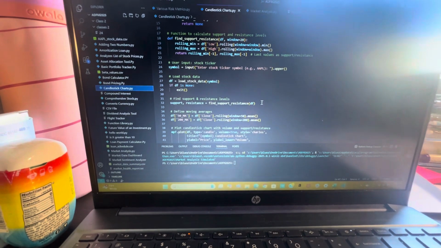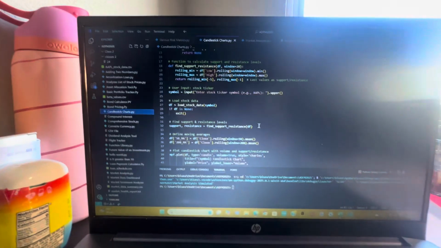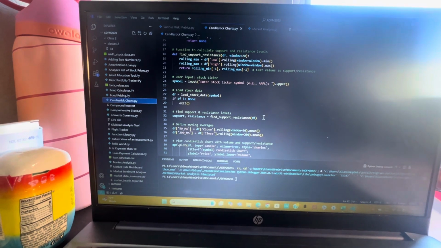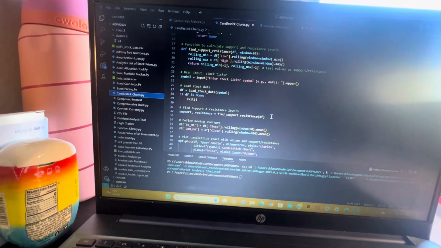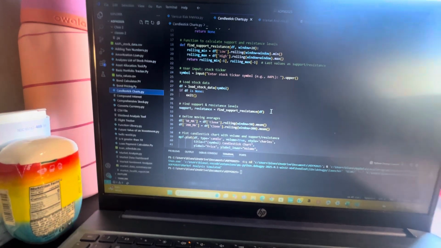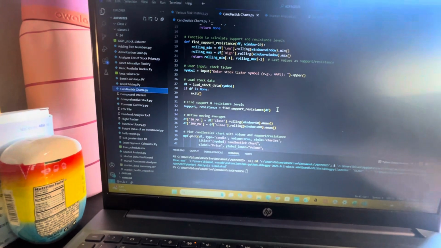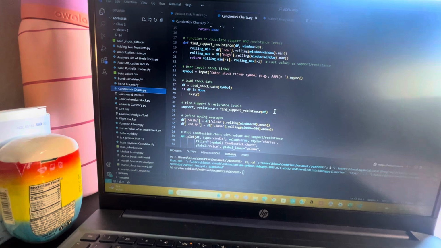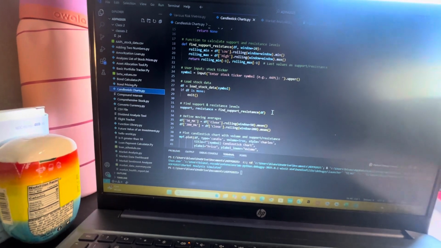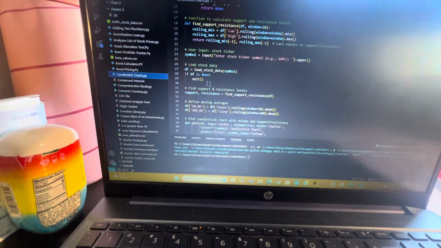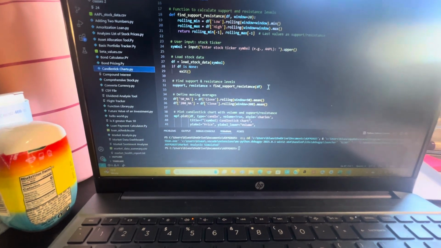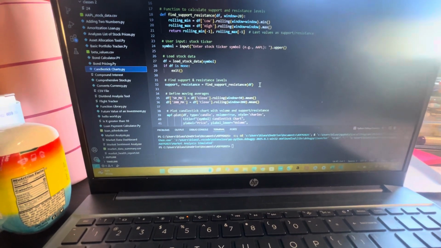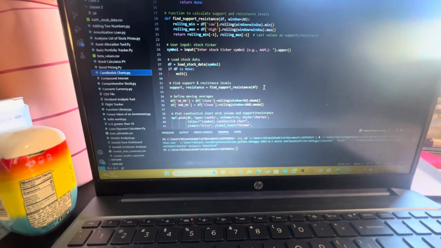And what these levels are: the resistance level is where the stock prices are struggling to rise above because of high selling pressure. Sorry, I mixed those up. And the support level is where the stock struggles to drop because of strong buying interest. And I wanted to highlight that because I know how important the support and resistance levels are when it comes to tracking and making recommendations of what stocks to purchase.